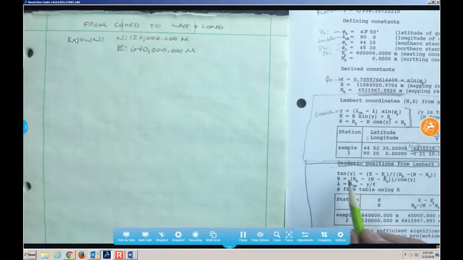Alright, so let's start with this first equation that we have down here.